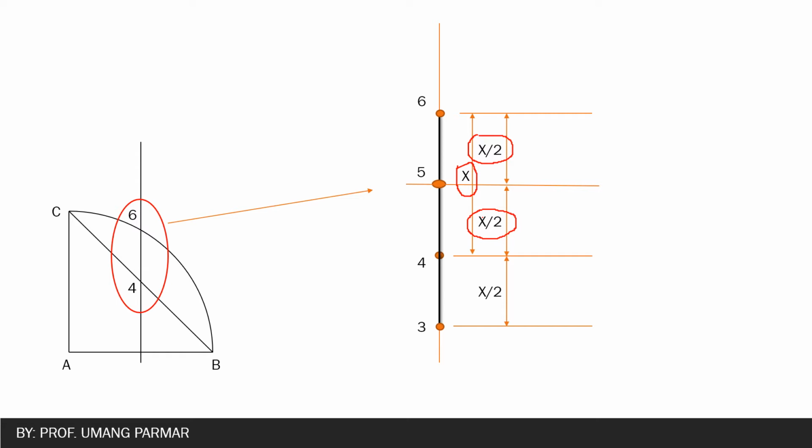So 5 to 6 is x by 2, 4 to 5 is x by 2, and 3 to 4 is again the same, x by 2. Same way, we can have one more point above 6 on the same line, also at a distance x by 2 from 6 to 7.